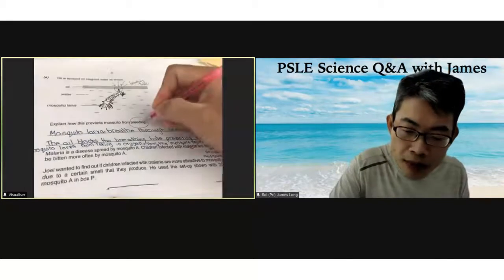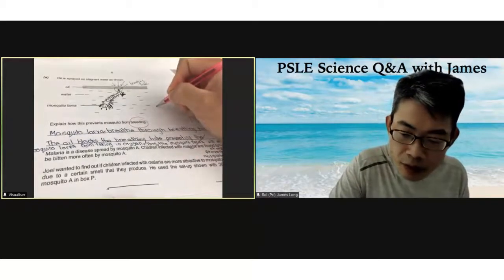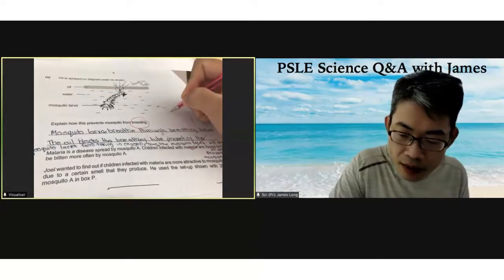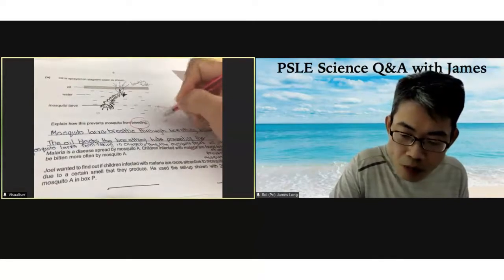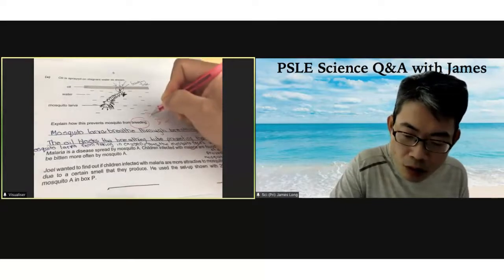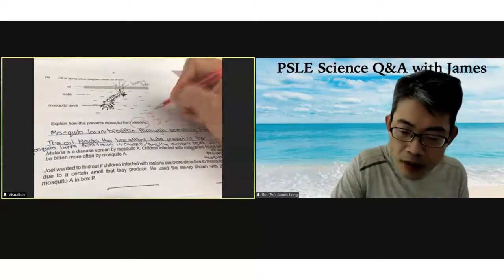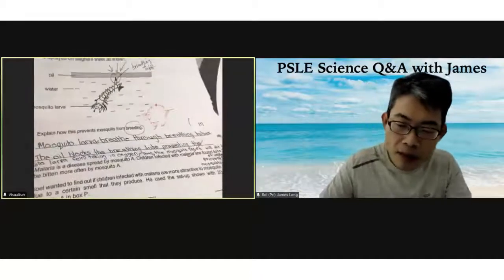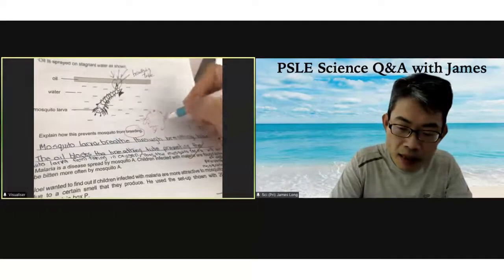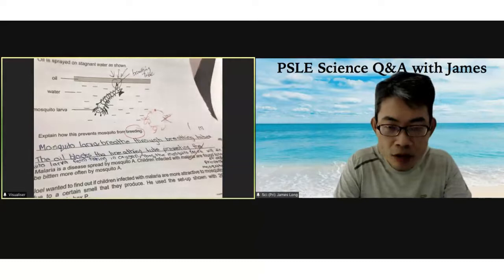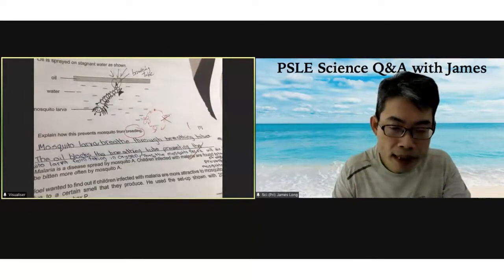If you talk about breeding, this is your life cycle, from your eggs to your larva to your pupa, then to your mosquito, and then of course lay eggs again. So if the larva can be killed at this point, then of course the life cycle cannot continue. So that idea has to be quite clear here.